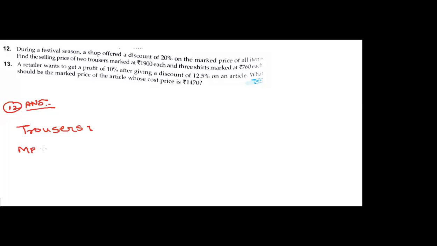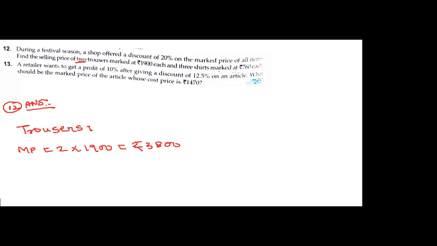In this case, cost price is not given, directly the mark price is given. Mark price is given as 1900, but then there is the word 2. So 2 into 1900 will obviously become rupees 3800, on which he is getting 20% discount. We will do the 20% discount part a little later.